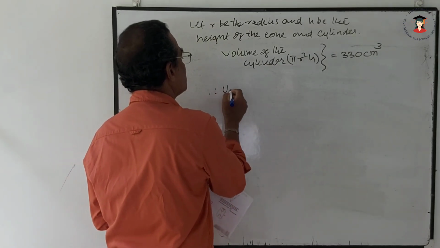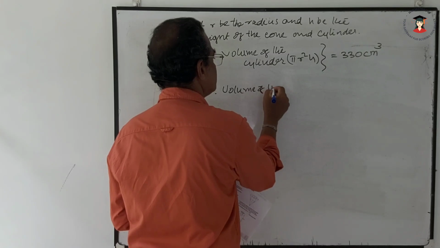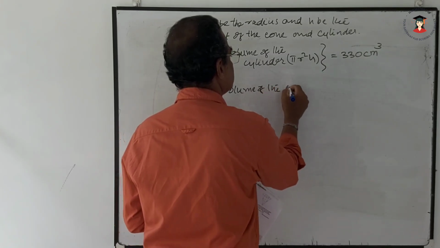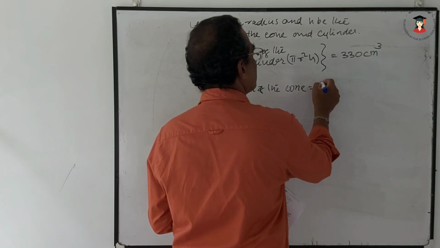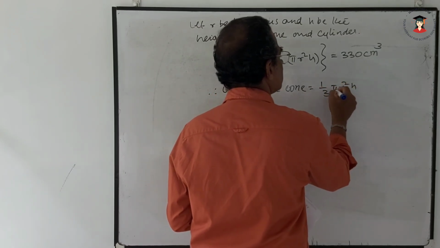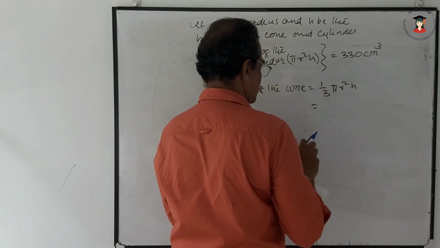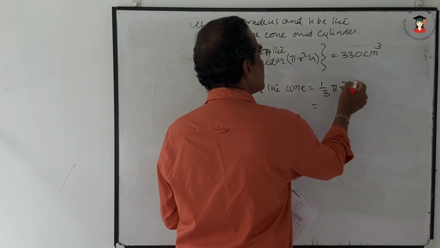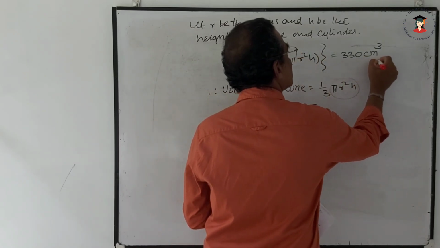Therefore, volume of the cone equal to 1 by 3 pi r square h. We can make a substitution of this pi r square h from this equation number 1.